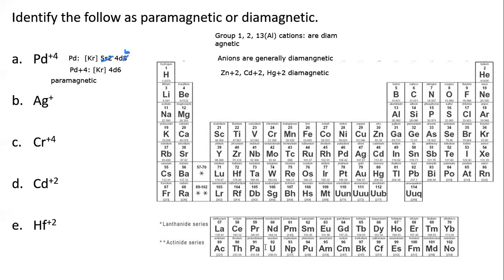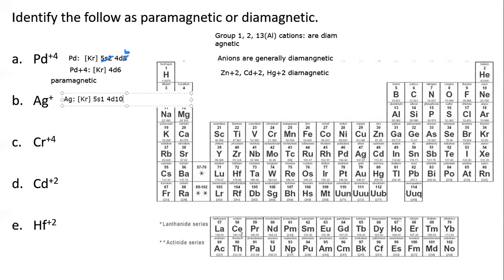Next we have silver. So we write the electron configuration of silver. It is krypton. Now remember, silver is an exception. So it's krypton 5s1 4d10.